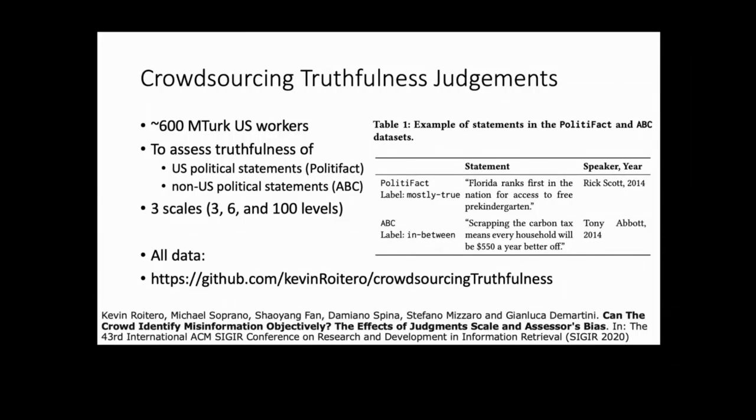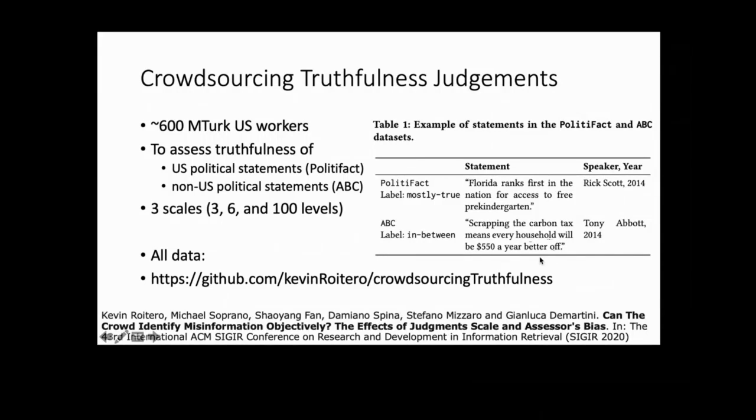This is, generally speaking, a task which is done by expert fact checkers that follow a forensic process. And the question we had is, can the crowd do the same? Can we get 10 crowd workers to tell us whether a statement made by a politician is true or not? And then we can measure their accuracy against the experts.